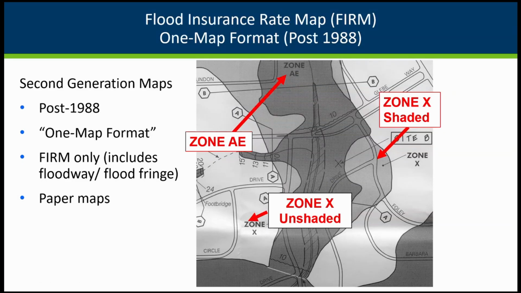It's got an elevation on the map. They took away the numbers. And they started calling the 500-year area the shaded zone X, and the lowest risk area where it's not mapped, the unshaded zone X. And this is an example of the paper maps that we had through the beginning of the 2000s.